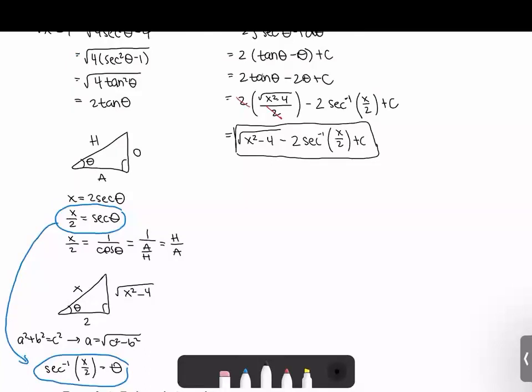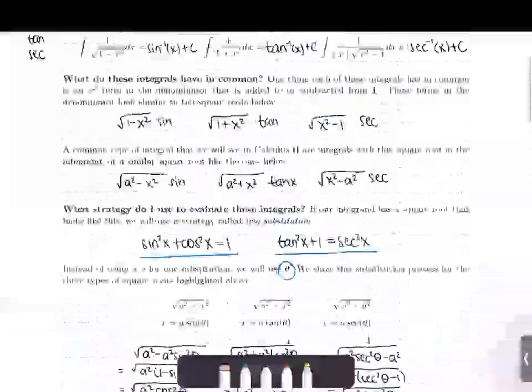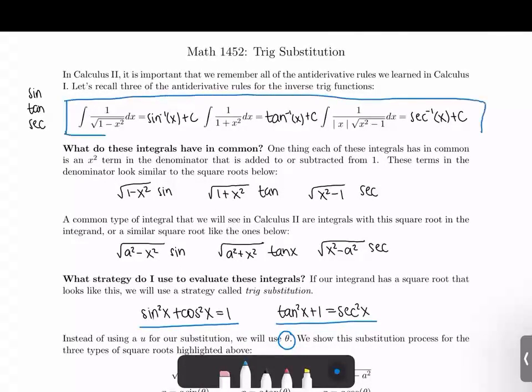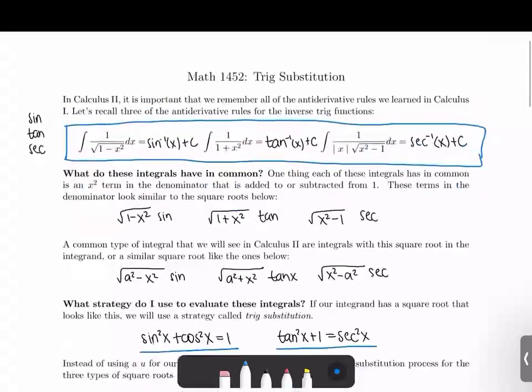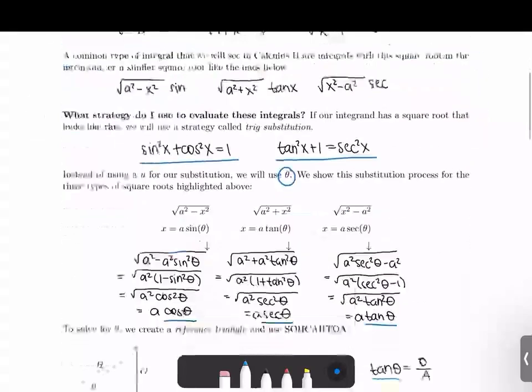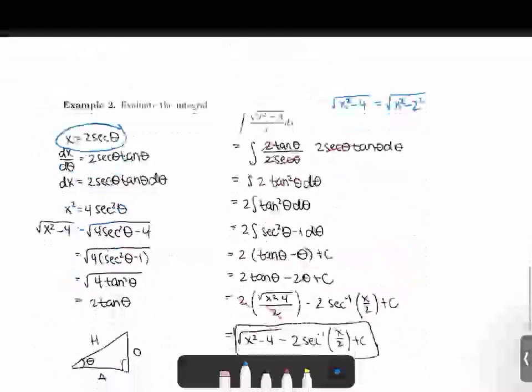But don't panic if you see that, because remember, from the very first video on this topic, all of this work is motivated by taking antiderivatives of inverse trig functions. So it's completely okay if you end up with an answer with an inverse trig function, because that's kind of where all of this method of using trig substitution started. So if you end up with an inverse trig function in your answer, that's perfectly fine.